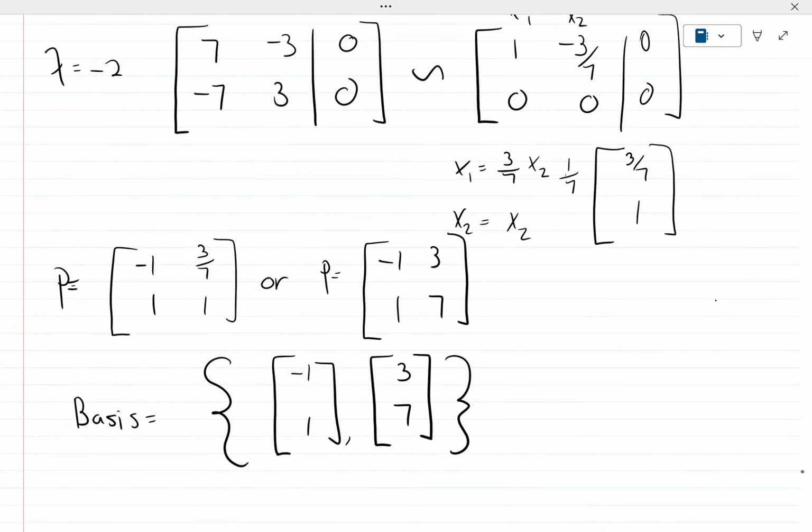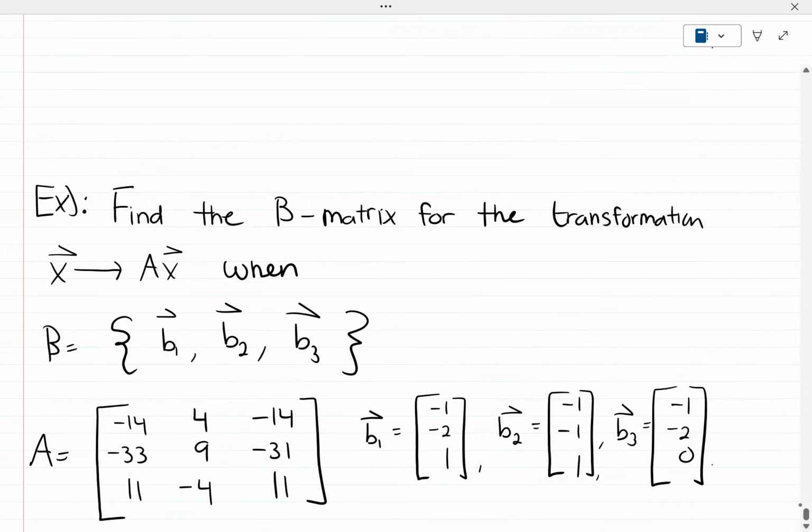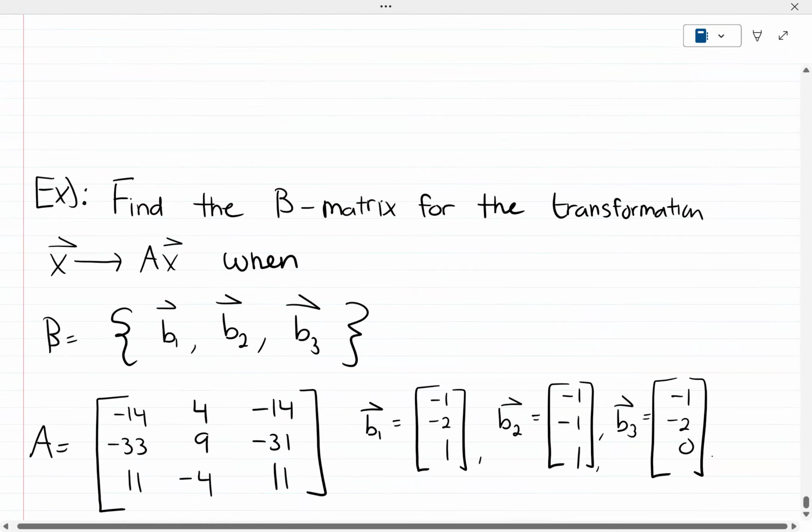Let's do one last example and then we'll just end it here. So the last example says find the B matrix for the transformation of vector x goes to A times vector x, when B equals B1, B2, B3. And we are given this matrix A, which is this 3 by 3 matrix.